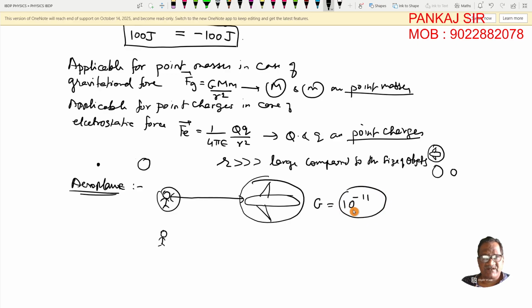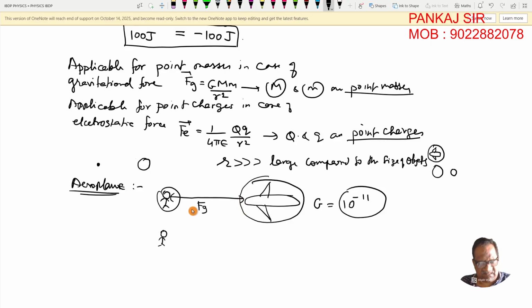It is such a small value that even though the gravitational force exists between these two objects, you will not see them being attracted towards each other. You cannot see this man being pulled by this aeroplane. But in the case of long distances, you will be able to see the effect of these forces.